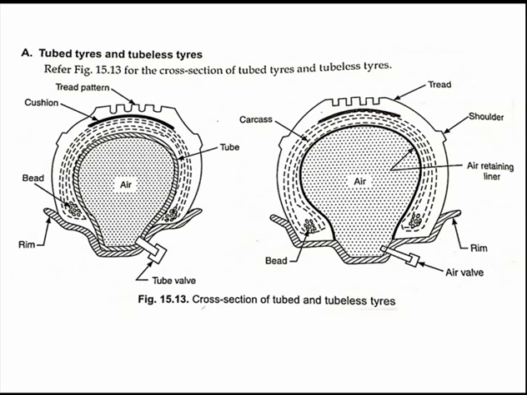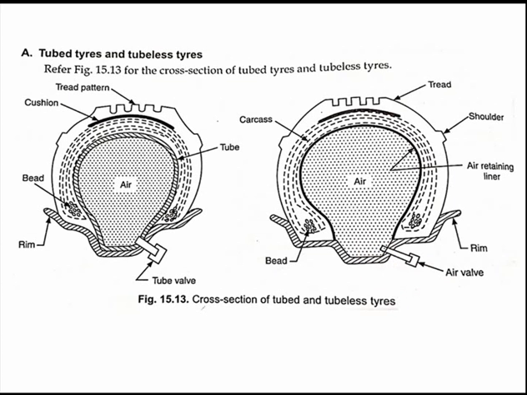In the case of a tubeless tire, it does not have any tube. Instead, the air is filled into the tire casing under pressure, through a non-return valve fitted to the rim. You can see that this is a non-return valve, and through this valve we are providing the air.